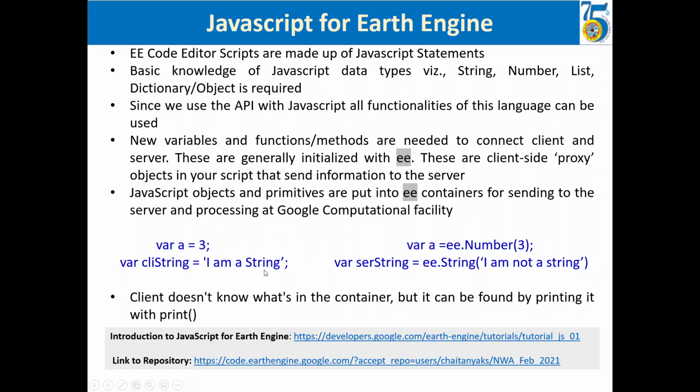But if you are sending it to the Google server, you have to put an ee.String container for sending it to the server. Then it no longer remains a string data type. It becomes an Earth Engine string object.